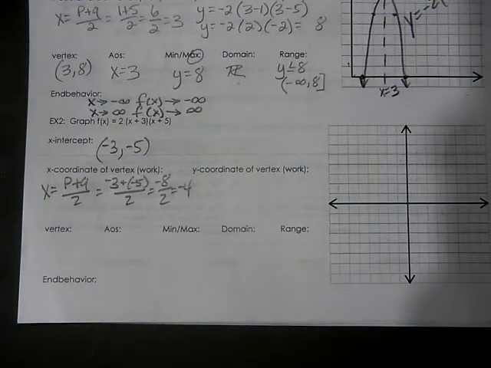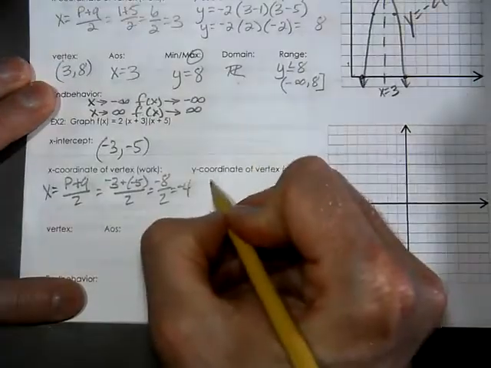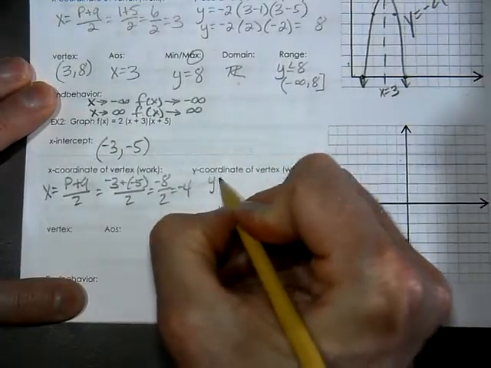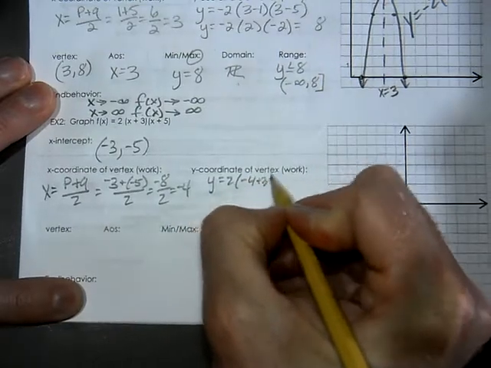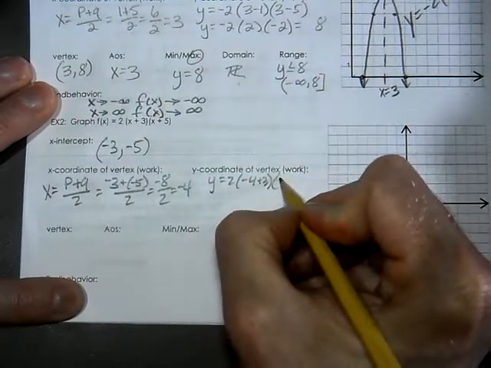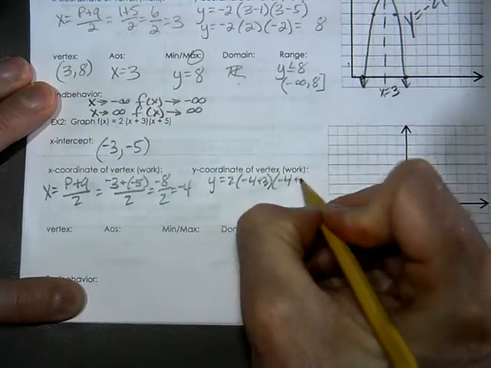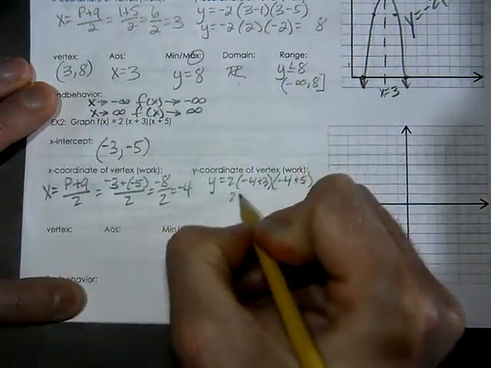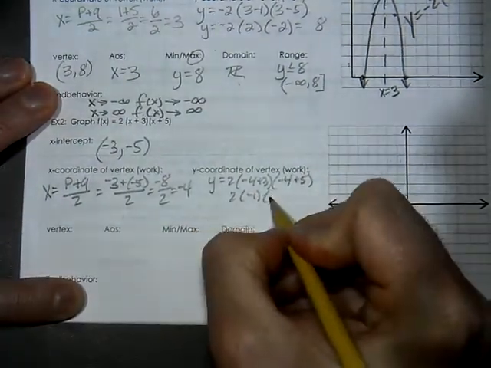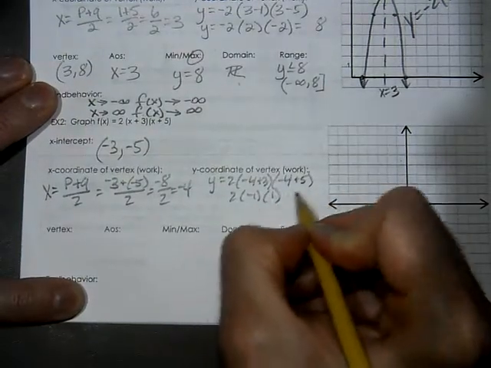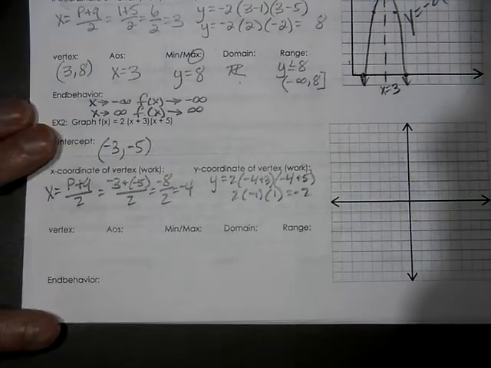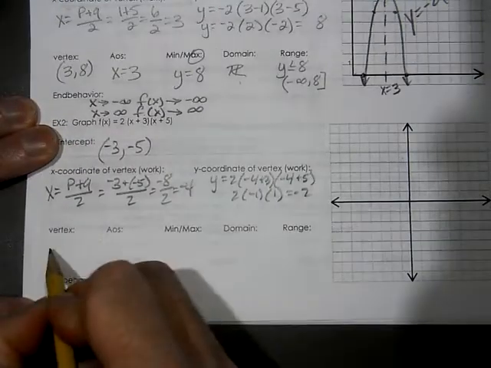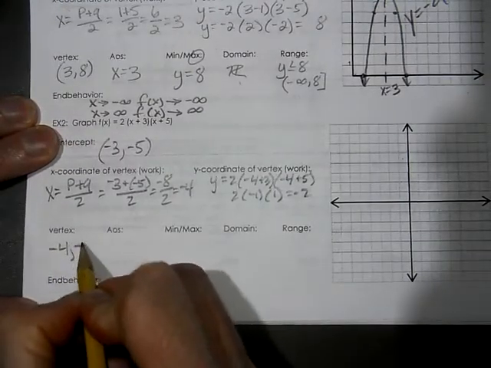Divide that negative 8 in half. So we get an answer here to be negative 2. So our vertex looks to be at negative 4, negative 2.